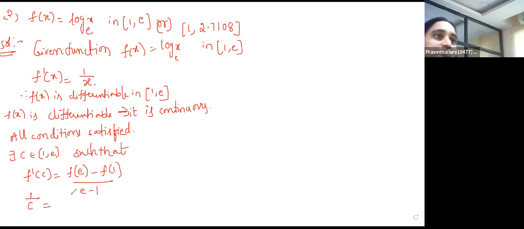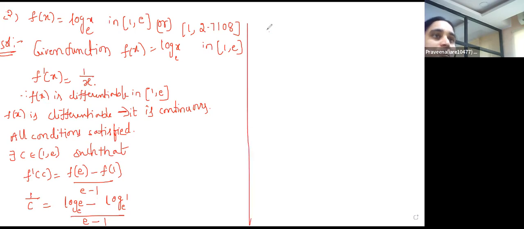And what is f of e? Directly I am substituting. Here the function f of x is log x. In place of x, just substitute e. That is f of e means log e base e, minus f of 1 means log 1 base e, by e minus 1.